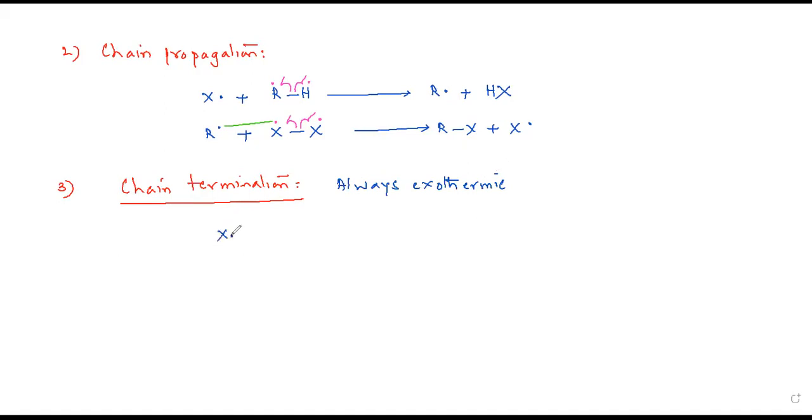Any two free radicals, say two halogen free radicals combine to form X2, or two alkyl free radicals combine to form an alkane, or one alkyl free radical combines with one halogen free radical to form an alkyl halide.